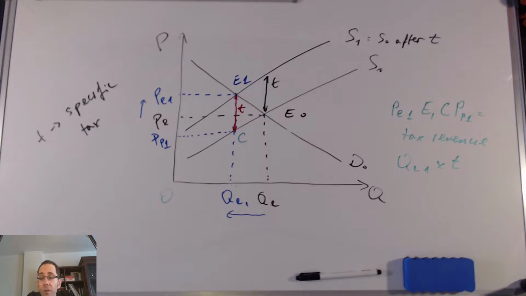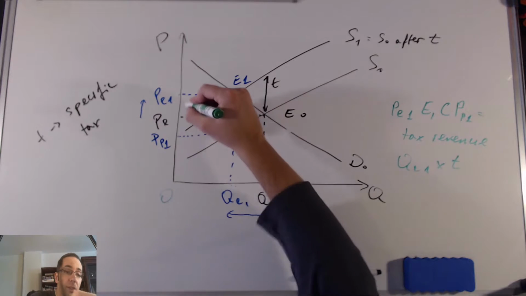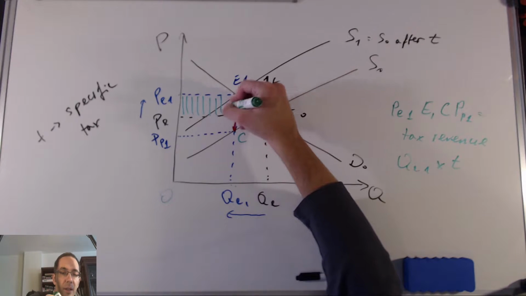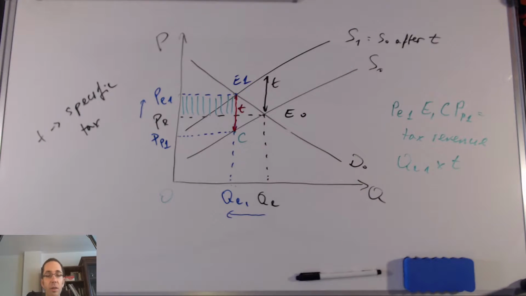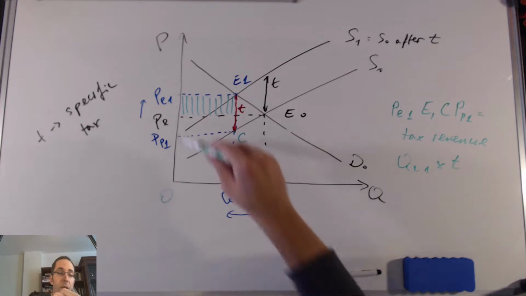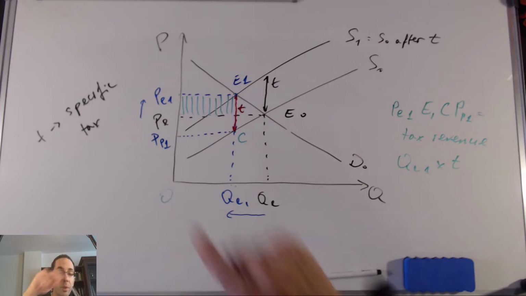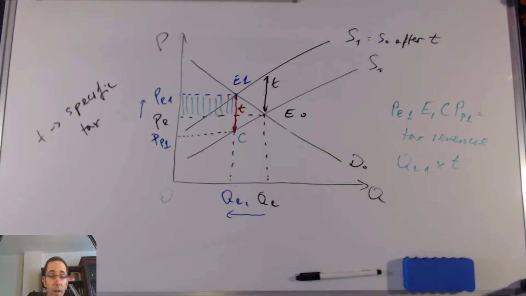And the portion of the tax that is being paid by the consumers would be this upper rectangle. Again, the reason for that is because the consumers are paying the now new higher price, and so the share of the tax carried by them is this difference between PE and PE1. On the other hand, the producers are receiving a lower price than they used to.